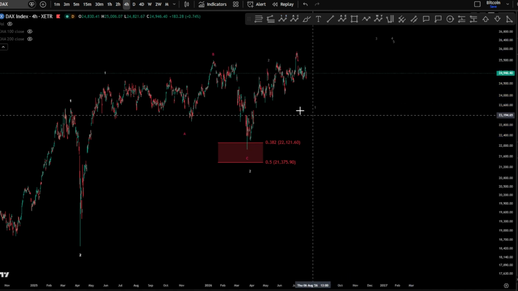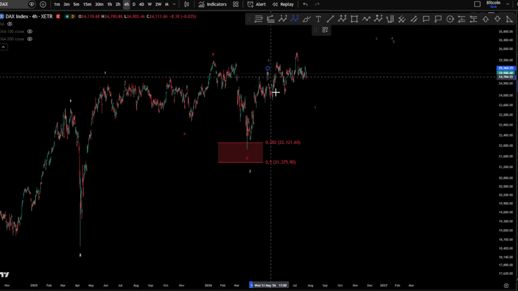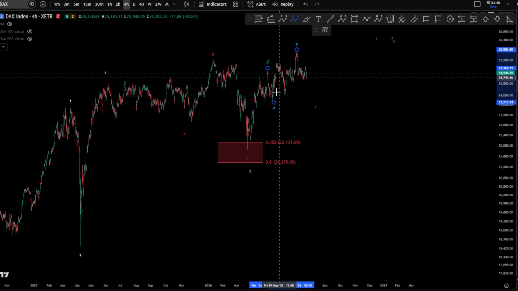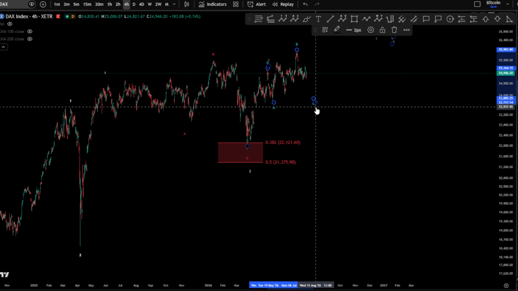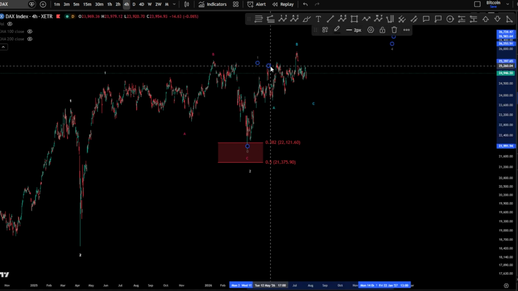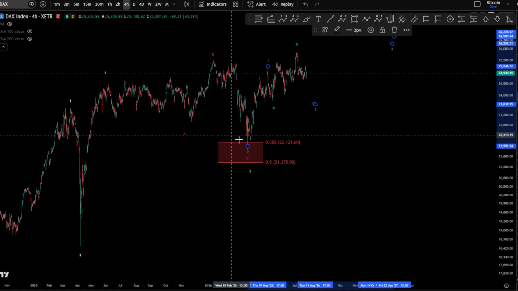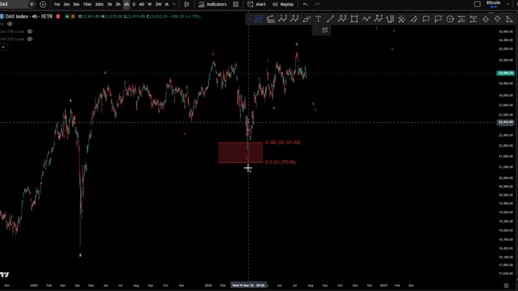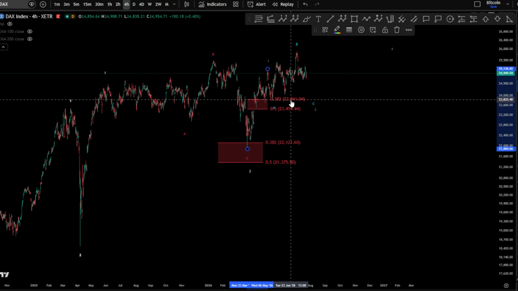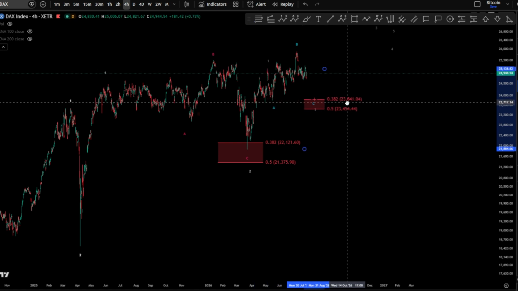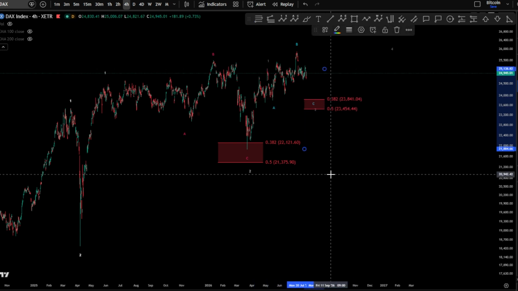Your wave 2 is not yet done because it is unfolding as follows: A, B, 3 waves, and then wave C potentially again for an expanding flat as a wave 2 here. Sorry, this is your wave 2, this is your wave 1. So basically we're still looking here therefore for the 0.38 Fibonacci level to be taken there again from the DAX.